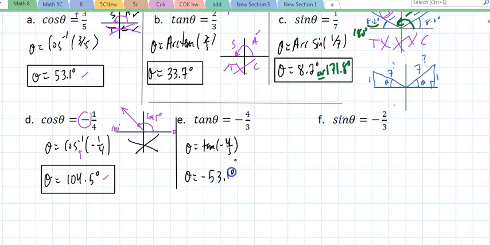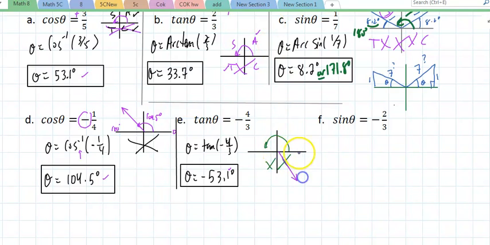Done. Well, not so fast. We have a small issue. I'm allowed to be in those two quadrants, but what I notice is this angle is in negative rotation.